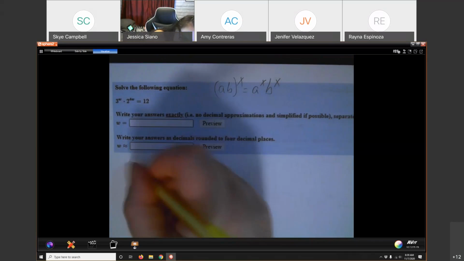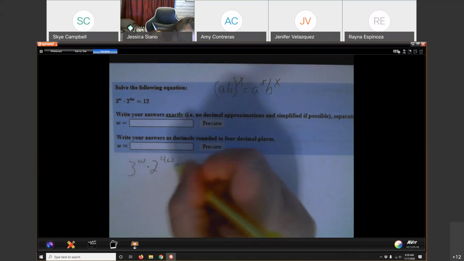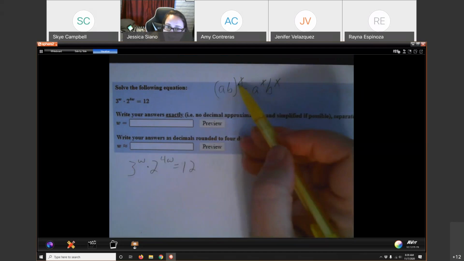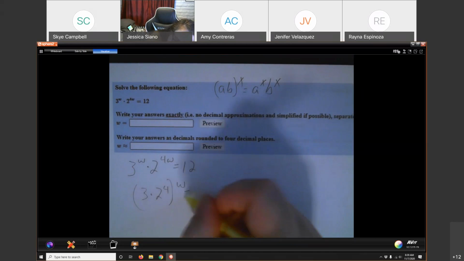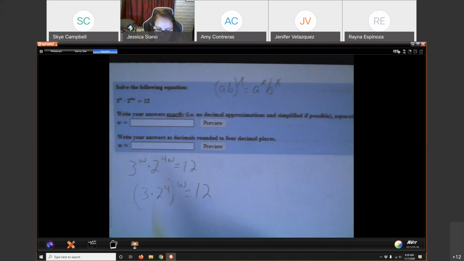So if I have 3 to the w times 2 to the 4w, well, I can take this w out the same way that I have the x here. So that would become 3 times 2 to the 4 to the w. This w comes out because if I were to distribute it back in, I would be back here.